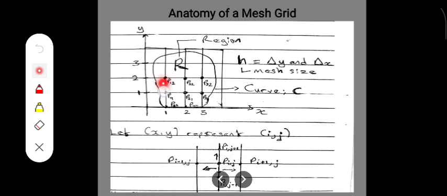Now the points that are plotted, like the points where x and y meet, are either interior points or boundary points. So let's look at how to label them. At this point where x is equal to 1 and y equal to 0, it will be labeled p10, because according to graphical notation, we label from x to y, x before y.